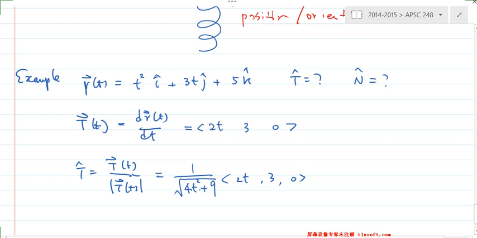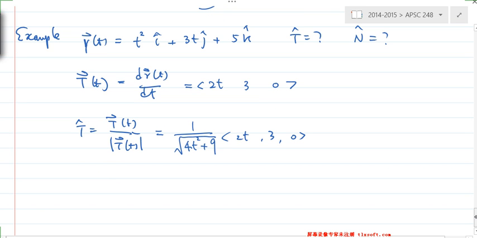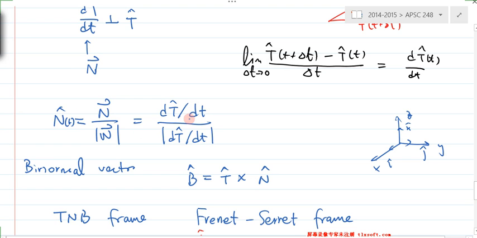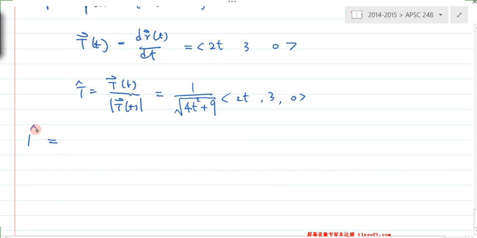Now the next one, I want you to do this. What will be the N hat? Look at the formula here: N hat equals this guy divided by this magnitude. So what we need to do is calculate the derivative, dT hat over dt. We need to calculate this first, so let's calculate this guy here.